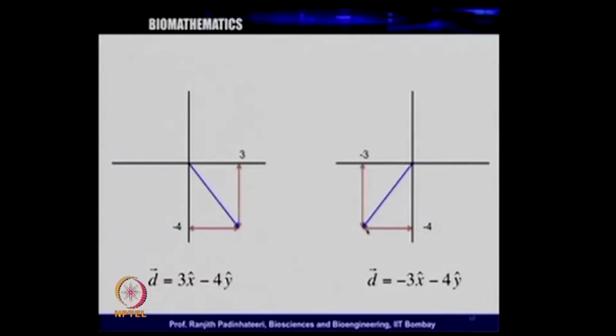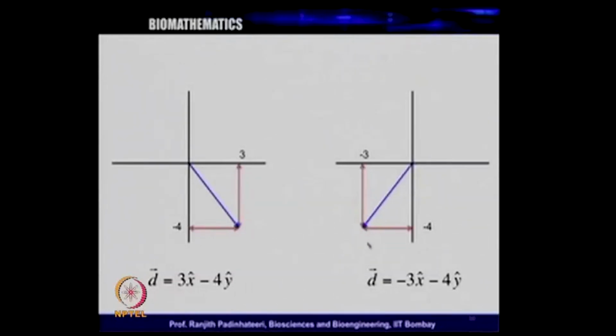Similarly, what about this point here? To reach this point, you have to go 3 units in the decreasing direction of the x-axis and 4 units in the decreasing direction of the y-axis.